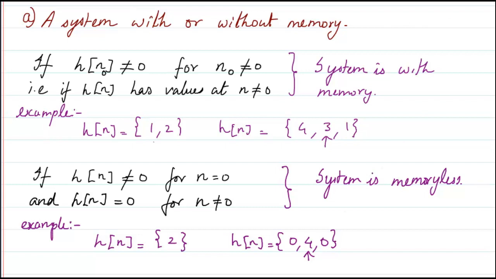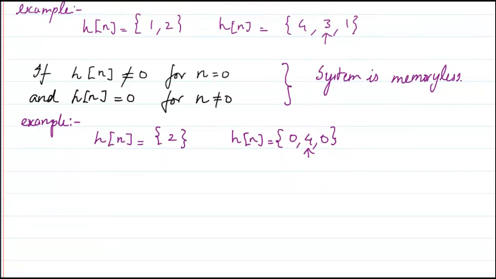Next we will look into the condition of causality, a causal system and a non-causal system. So we will look into the property of causality.